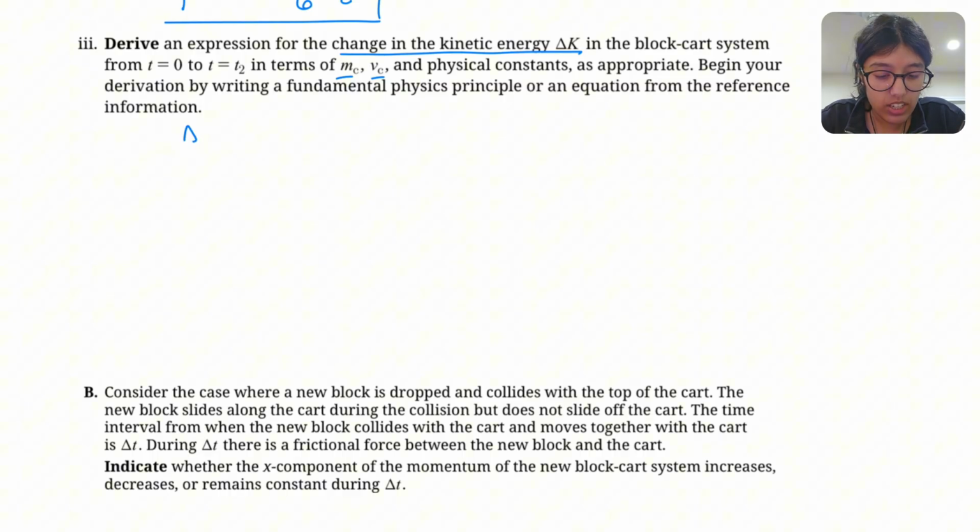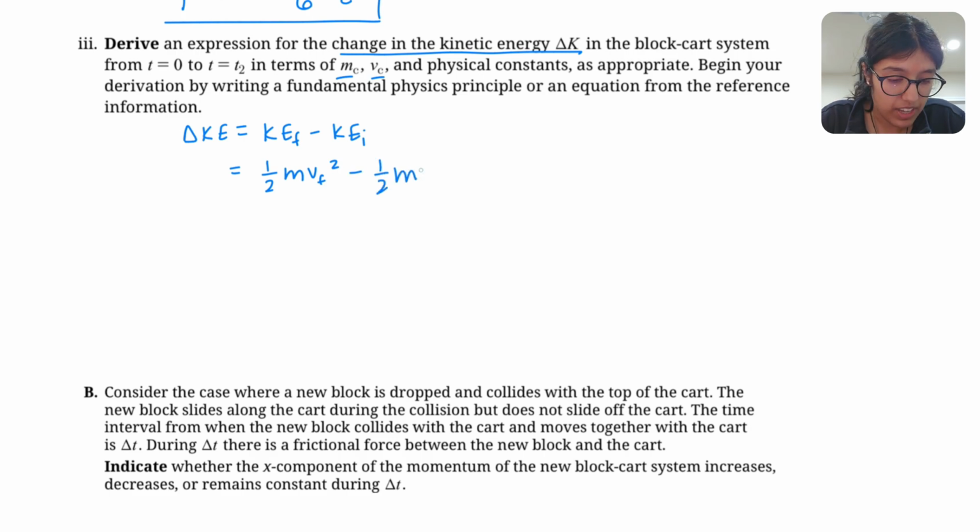So I know that change in kinetic energy is equal to kinetic energy final minus kinetic energy initial. I know kinetic energy final, the general formula is 1/2 m vf squared, minus 1/2 m vi squared. And from here, these masses, once again, they're going to be different. Remember that. Maybe I should just do a final and then an initial right over there.